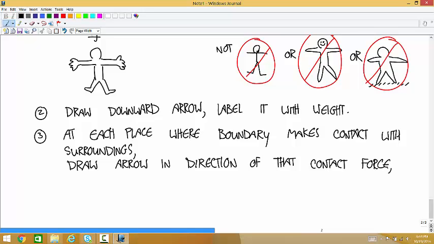And label it either with a variable or a numeric value for the force. So a variable or a numeric force value.